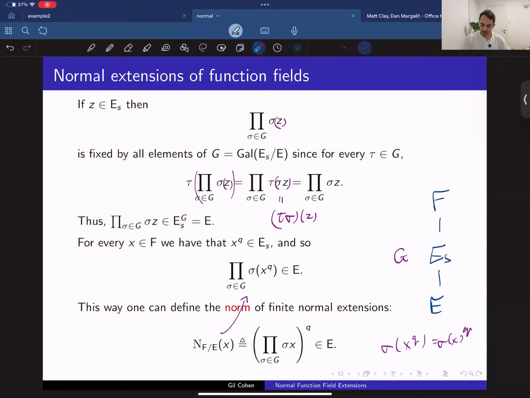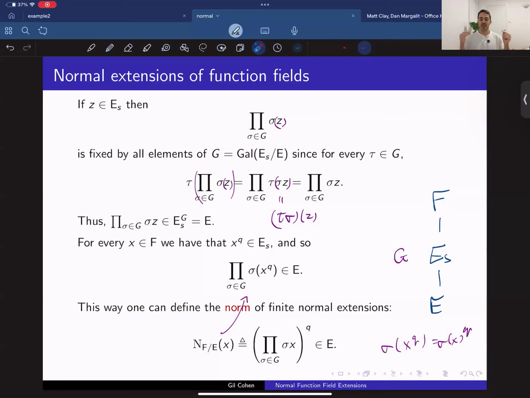However, the only point to note is that sigma is defined technically on ES. It's an element in the Galois group of ES over E, so I can write sigma of x to the q without justifying anything because x to the q is in ES. But when I write sigma of x, technically I cannot do that because sigma wants to eat something from ES, not from F.